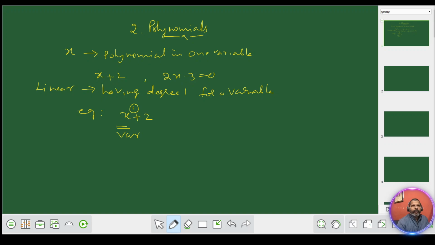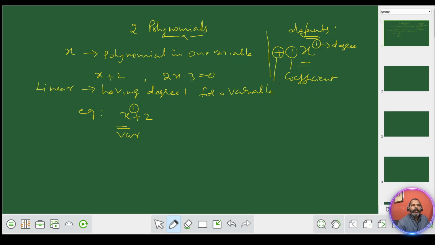We have three defaults to assume. Let me explain it. When I write a x, we have three defaults for the x. One is the coefficient: if nothing is mentioned for a variable as a coefficient, one is the default. Second, the power or degree: this is one if no power is mentioned for a variable.